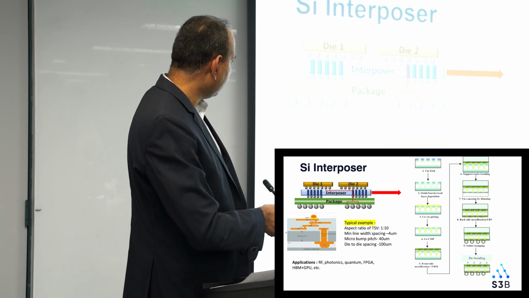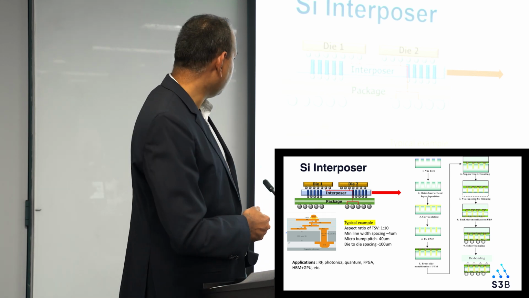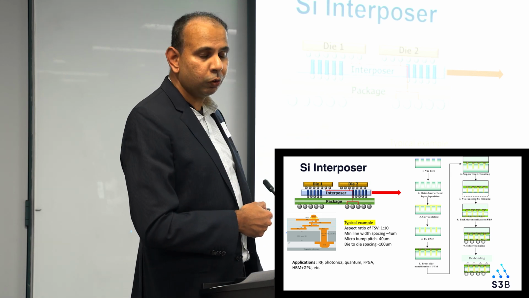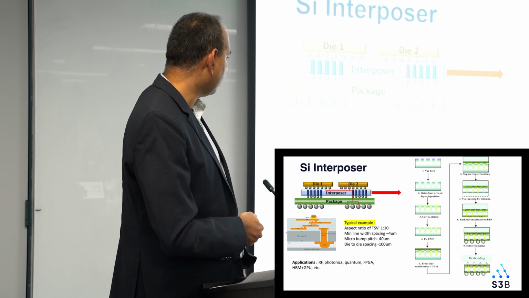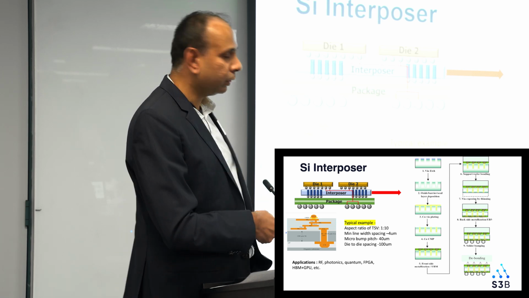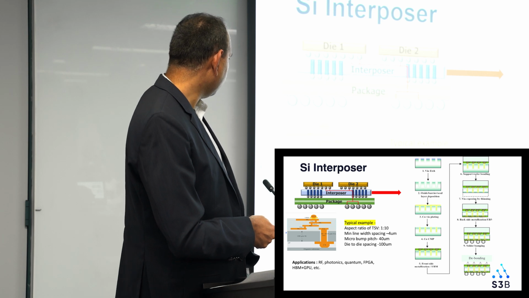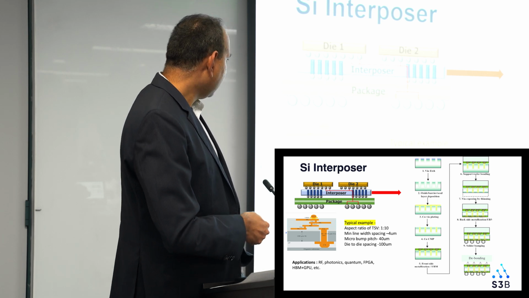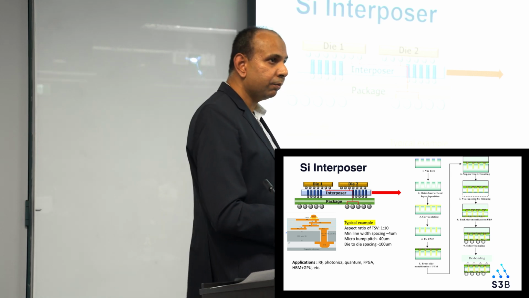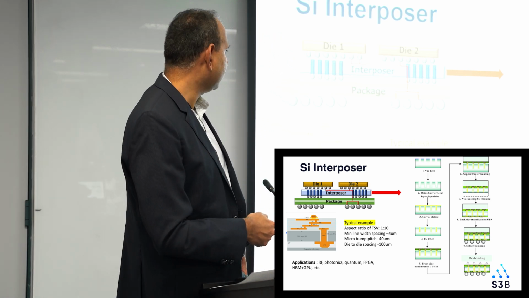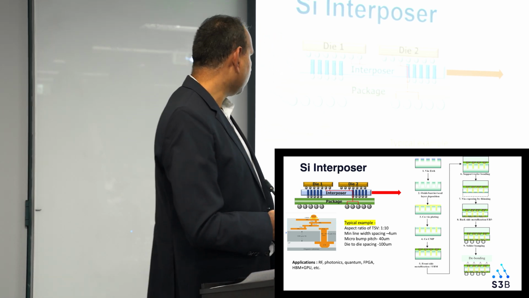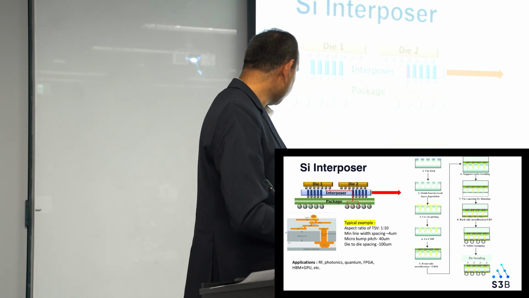Here I have given a typical example of aspect ratio of TSV, which is 1:10, the micro bump, which is about 40 micrometers, and the die-to-die spacing, which is about 100 micrometers. Of course, this will vary depending on the foundry capabilities and also the application types. But these are some of the limits of the silicon interposer process technology.